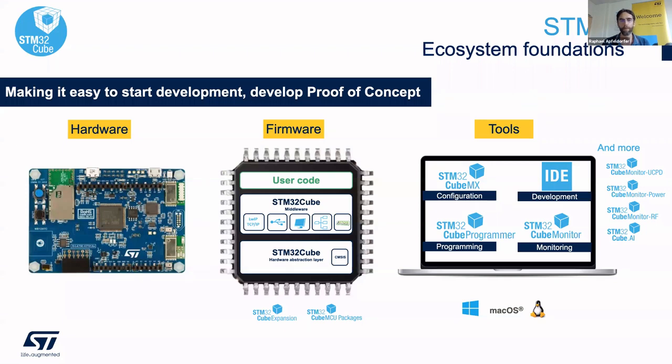And then also STM32Cube, with a set of PC software development tools that run on any OS, like CubeMX, IDE, Programmer, and Monitor, and the corresponding embedded software that runs on the device and gives you not only abstraction layers and portable code, but also some middleware stacks coming either from ST or the open source market for the RTOS, USB, TCP/IP, and so on.